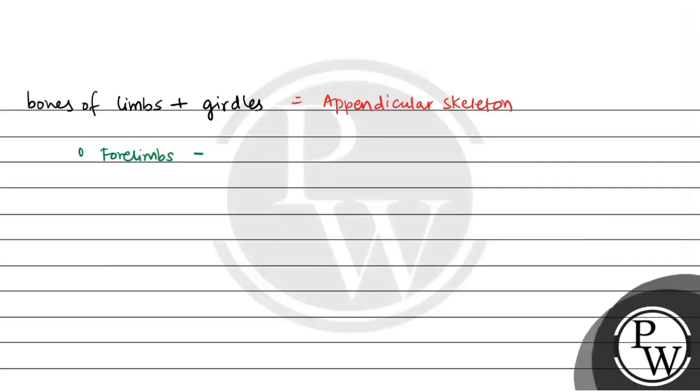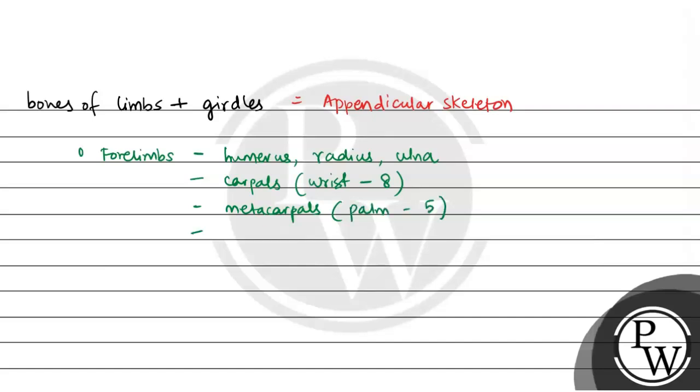Forelimbs consist of humerus, radius, and ulna. The carpals, which are the wrist bones, which are 8 in number. Then there are metacarpals, which are present in the palm. They are 5 in number. And phalanges are 14 in number. They consist of the fingers or the finger bones.